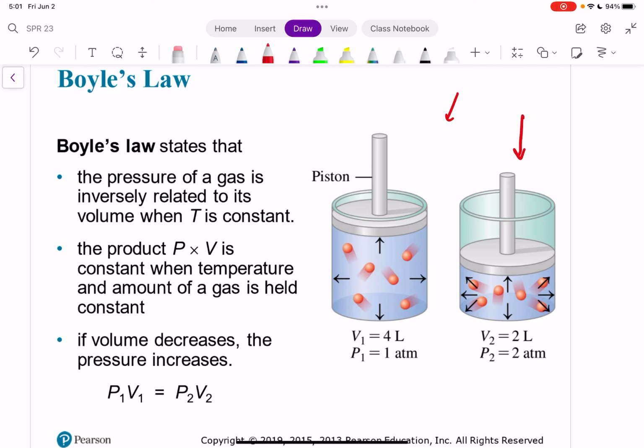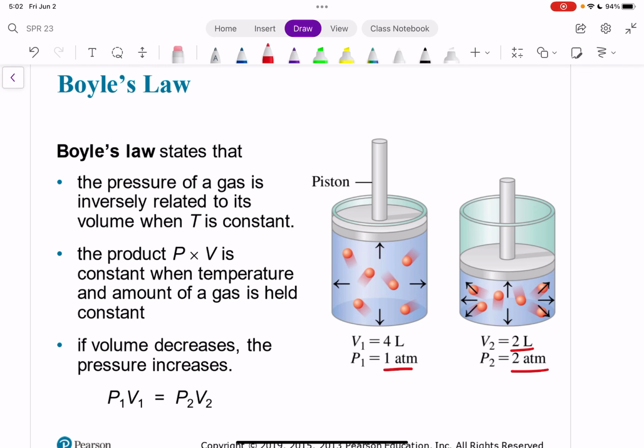Because we're forcing that gas into a smaller volume. Whereas over here, it's in a larger volume, so the pressure's lower. You can see the pressure's at 1 atm. When we push the piston down, our pressure gets higher and our volume gets lower. Okay, so inverse relationship.